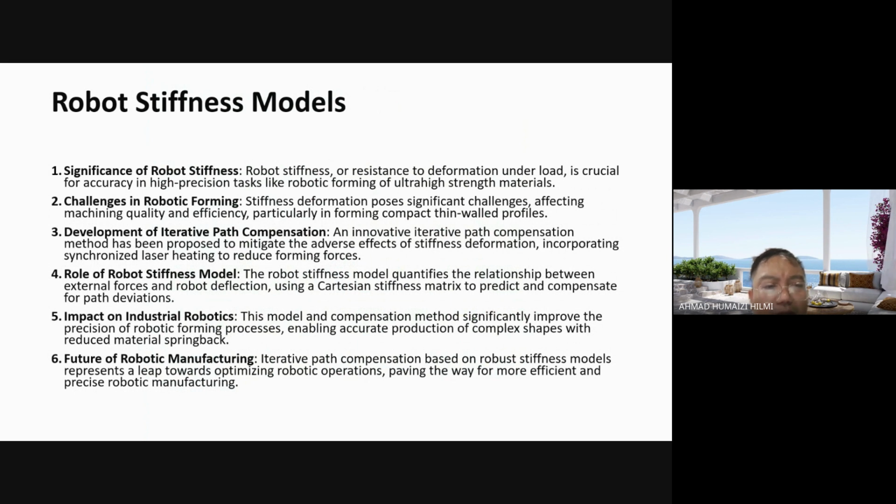How can we overcome this deformation? With the iterative path compensation method, when the robot is pressing, it will go up and down a little bit until we get the desired shape. If the robot presses too hard, maybe the robot will be damaged, or the quality affected. So this is where the robot stiffness model comes in handy.